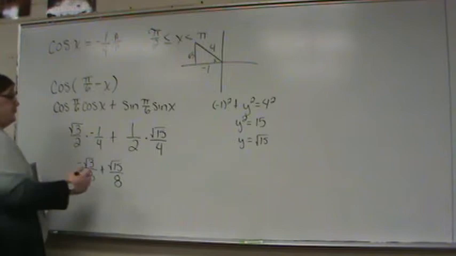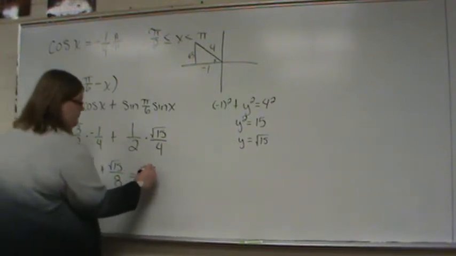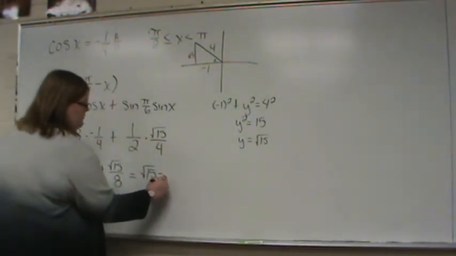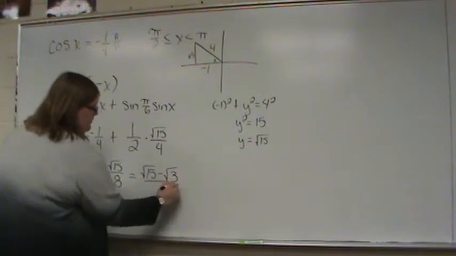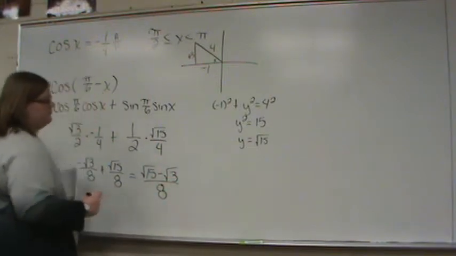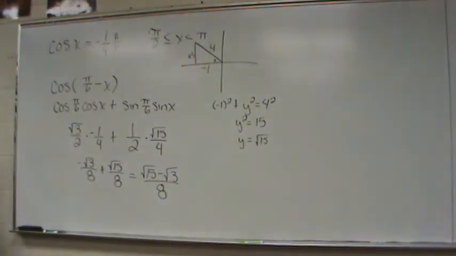Either way works. So we end up with that exact answer. So when you're given questions like this, make sure that you're using all the information that they provide for you.